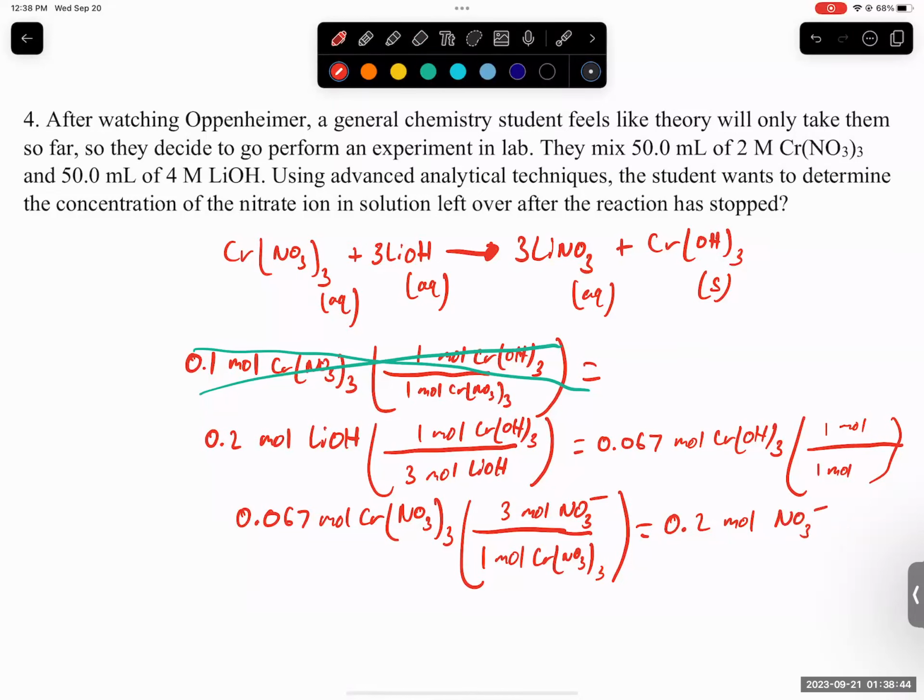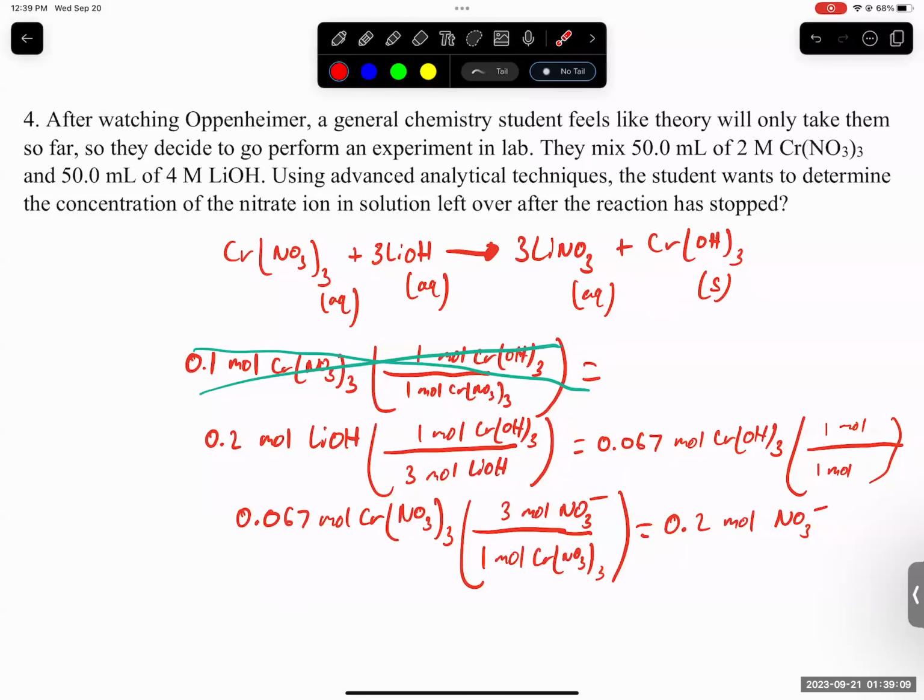Wait, why did you multiply 0.067 moles by 1 to 1? Because if you look at the balanced chemical equation, it isn't indicated, but anytime there isn't a coefficient indicated, it's 1. Yeah, I know that's 1, but what compound is the top one and the bottom one?